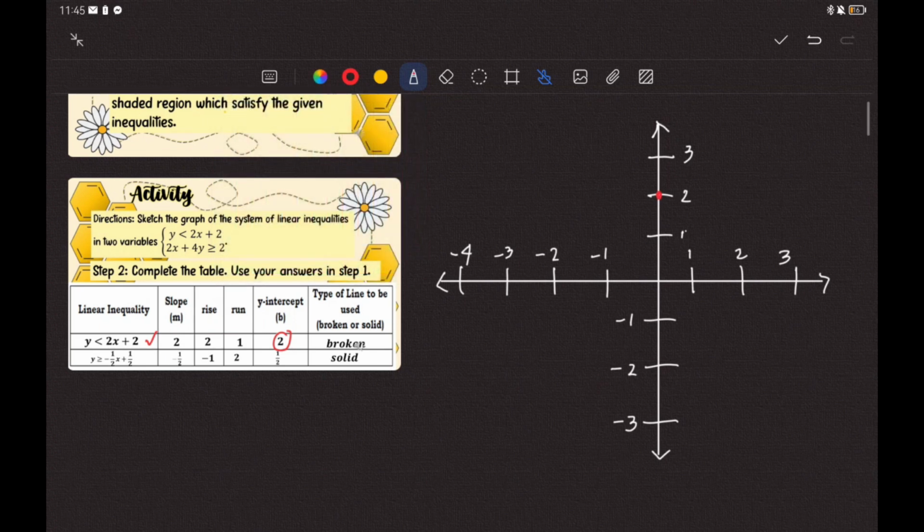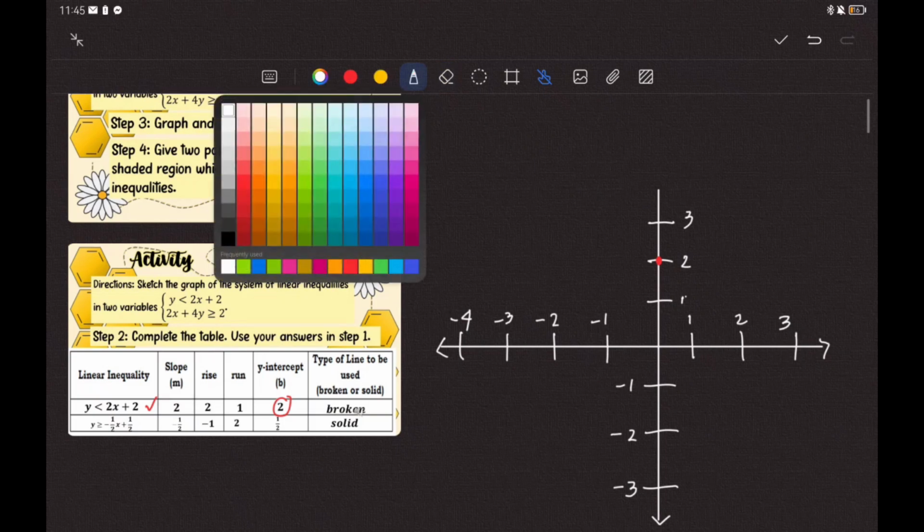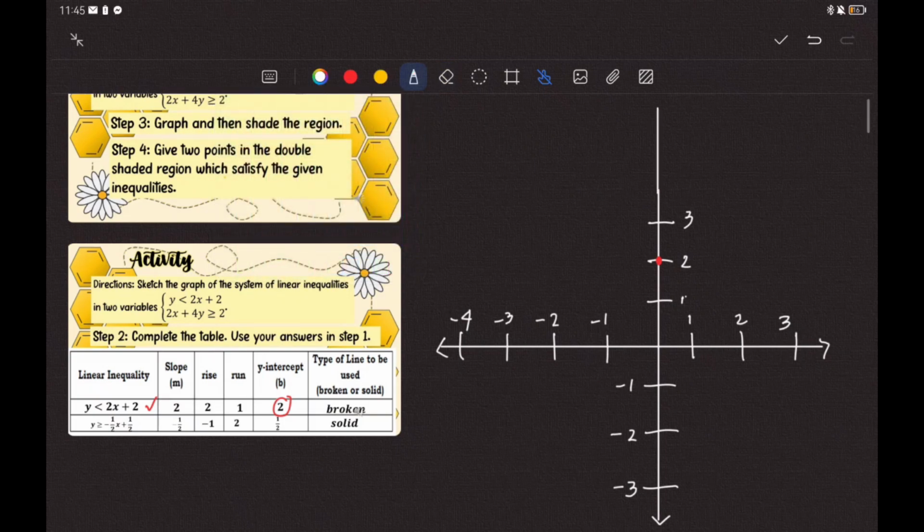This is here. And our rise is positive 2. We need to extend this one. Now our rise, going back here, the y-intercept is 2. Rise is 2, 1, 2, and our run is 1. So this is our points. We are going to connect that using a broken line because of our inequality symbol, which is less than.